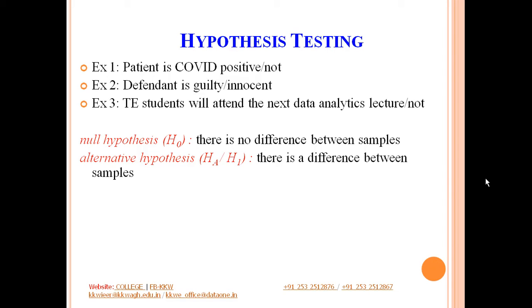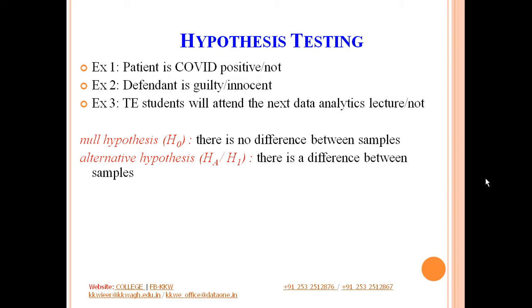H0 is true. Okay, let's say in the first example, you have taken different samples from the population of the Vidarbha region and you are testing whether they are COVID positive or not on these sample people. And the output of that test on all those people is positive.